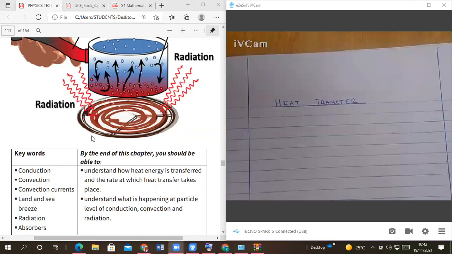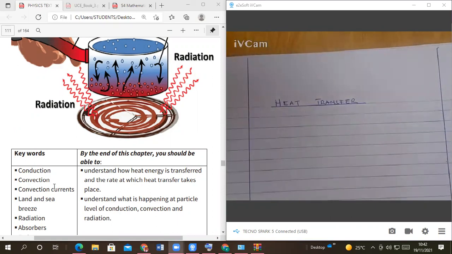Conduction. Radiation. Convection. So we have conduction, convection, and radiation. Those are the three types of heat transfer.